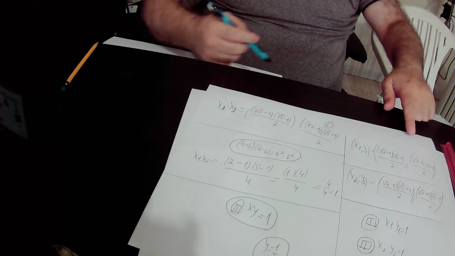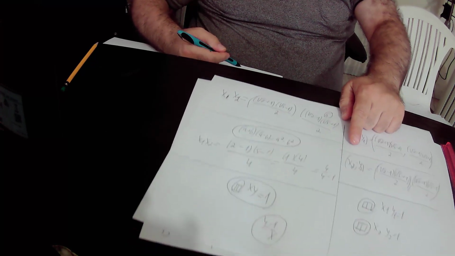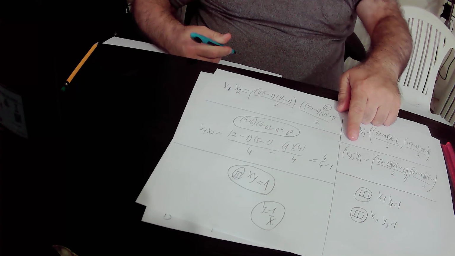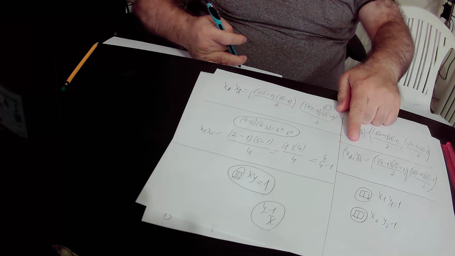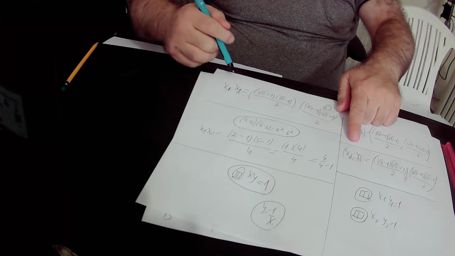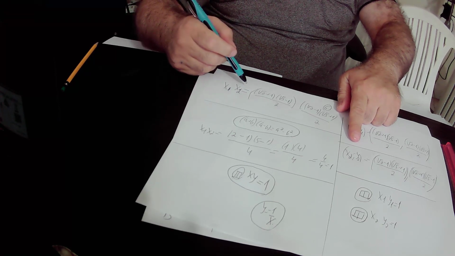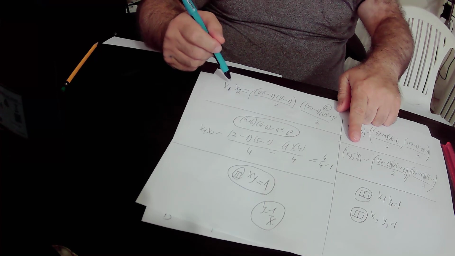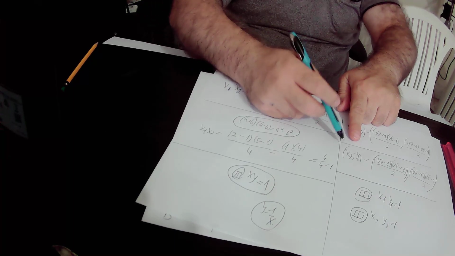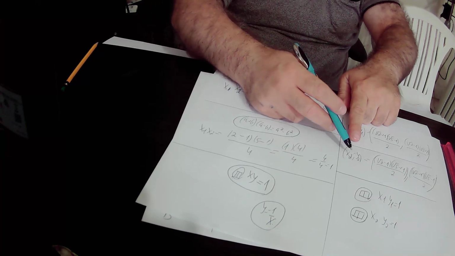Okay? And then when we have the second solution for x, that is x2, then y2 must be equal to x1. Why? Because we know that x1 times x2 equals 1 and x2 times y2 must be also equal to 1.